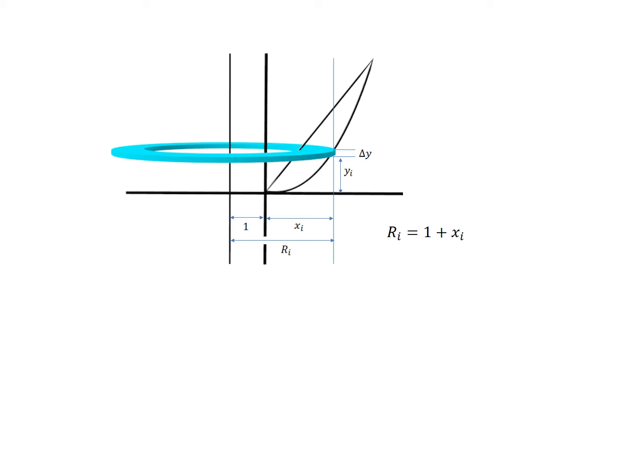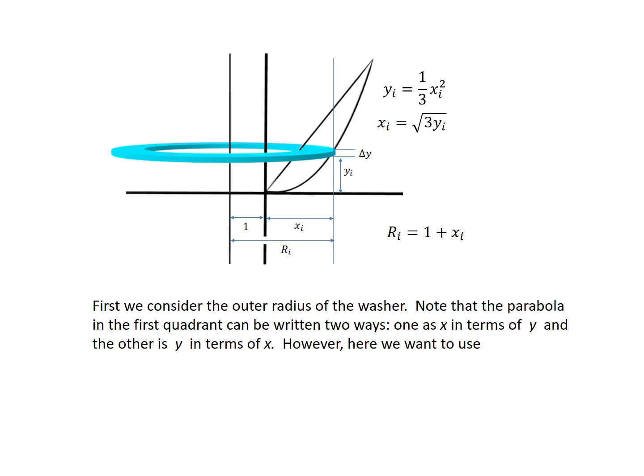If my x-coordinate, my x sub I, goes from the y-axis to that point on the parabola, then my overall outer radius is 1 plus that x sub I. Now the parabola I can write as y sub I is 1/3 x sub I squared, or I can solve it for x in terms of y and have x sub I equals square root of 3y sub I. But here we really want to use x sub I is square root of 3y sub I because that's x in terms of y, and y is our variable of integration.